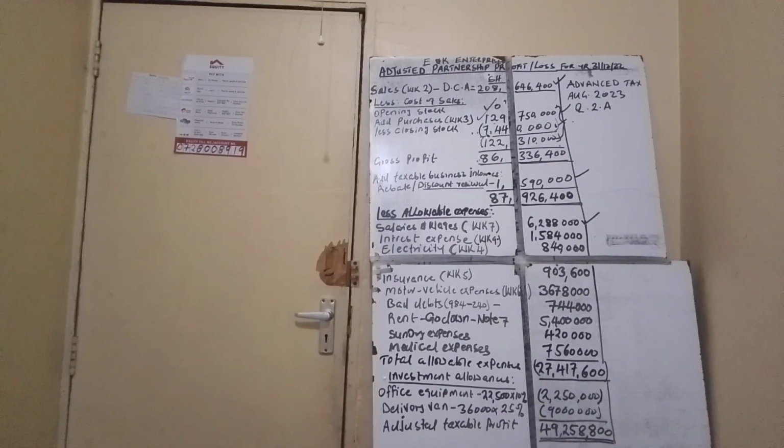Then interest expense. Wages and salaries to the employees is an allowable expense. For interest expense, you look at additional information number 6.